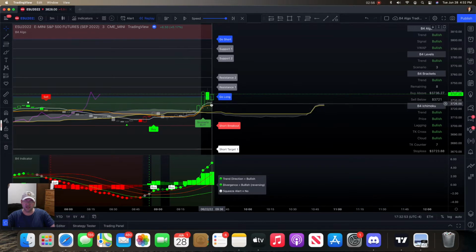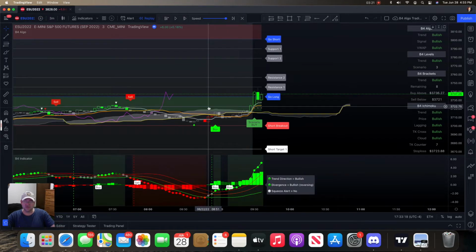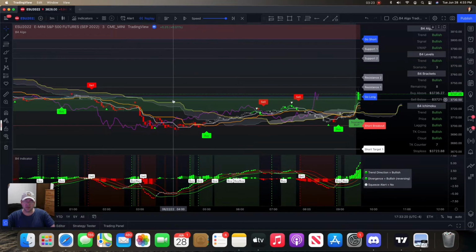However, these lines right here are a good representation of the 8 and 20. Not exactly, but same principle applies. What makes these lines better than regular moving averages, I think, is that they are Hane lines, half price. They form flat spots in them.